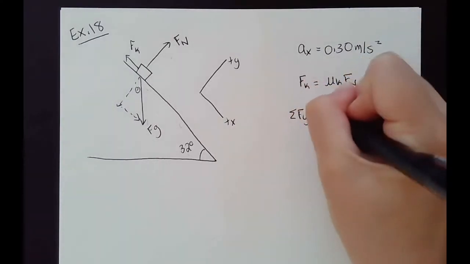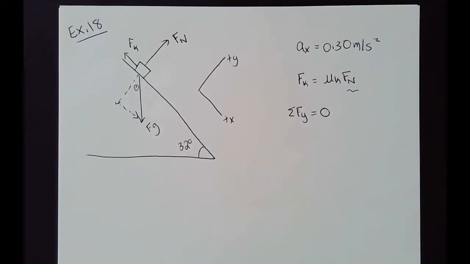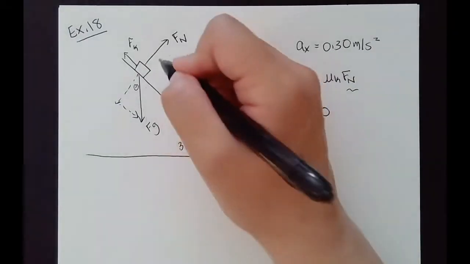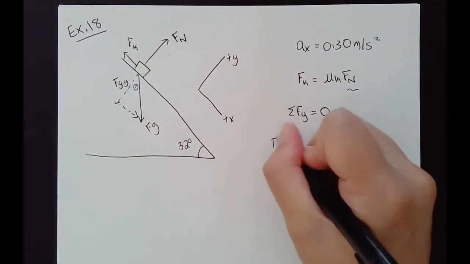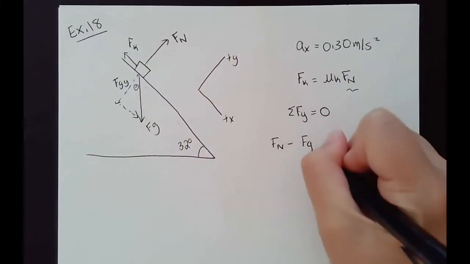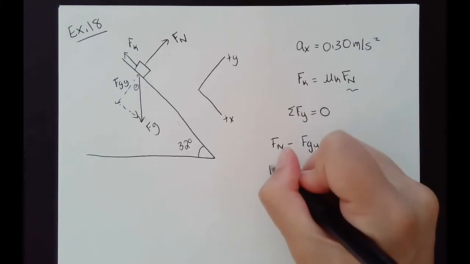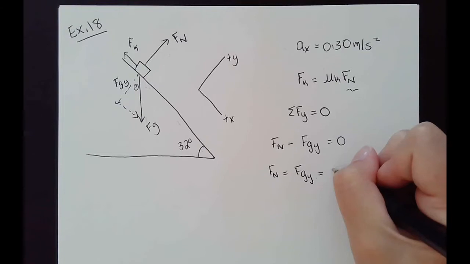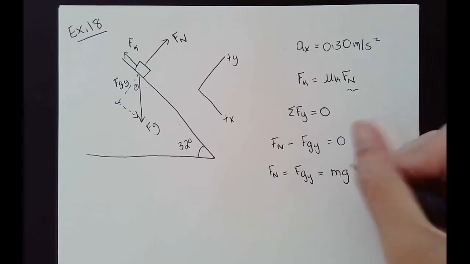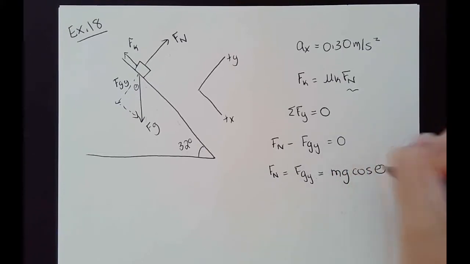It's not accelerating in the y direction, so the net force in the y direction is 0. And then we have Fn and Fgy here in the y direction. Fn minus Fgy equals 0. So Fn equals Fgy, which is mg or Fg cos theta.